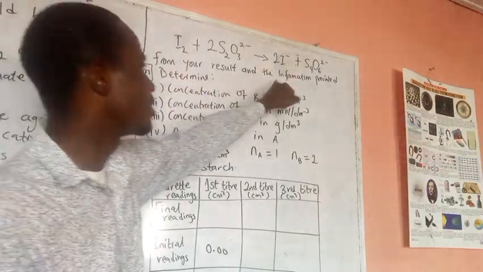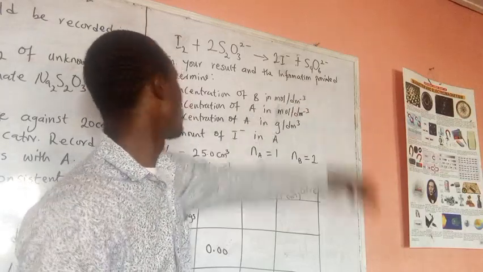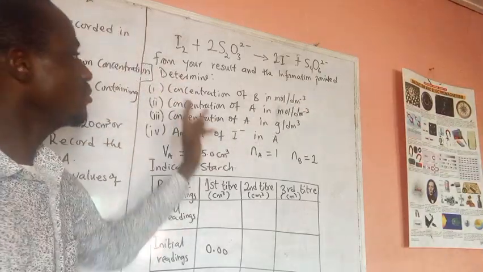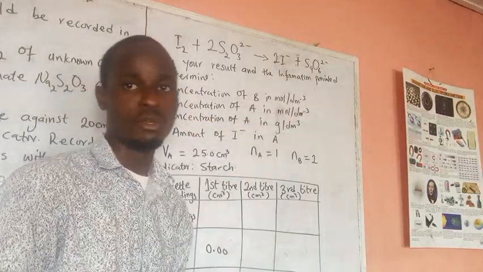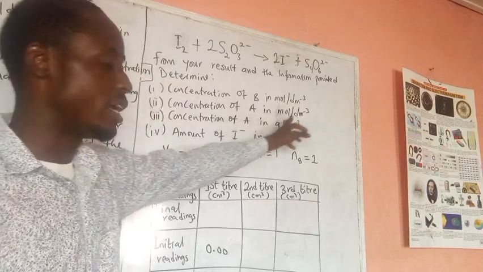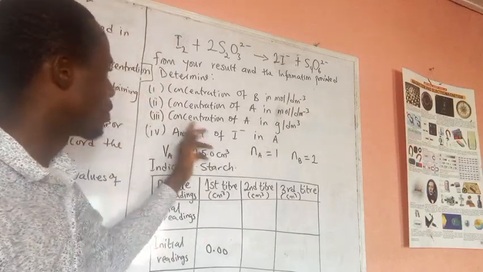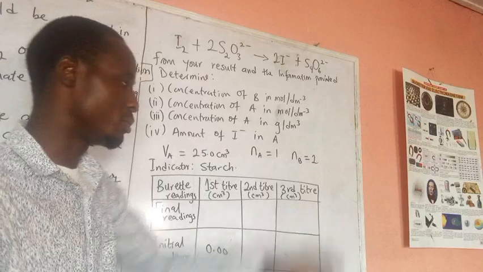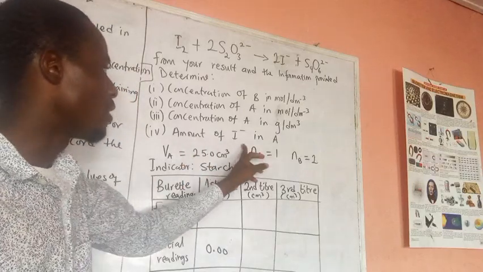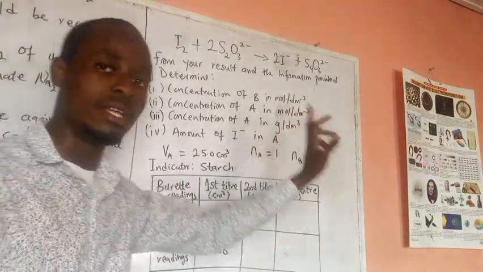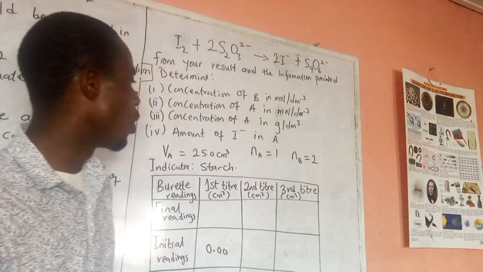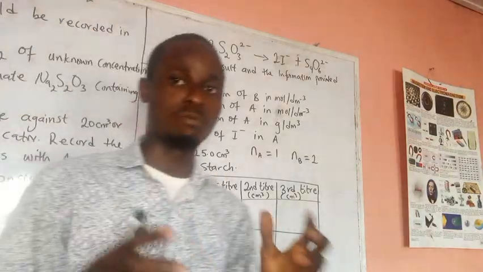Now, from your result and the information provided, determine the concentration of B in mole per dm³, the concentration of A in mole per dm³, the concentration of A in gram per dm³, and at the same time the amount of iodine in A. We are going to do all these after our experiment.